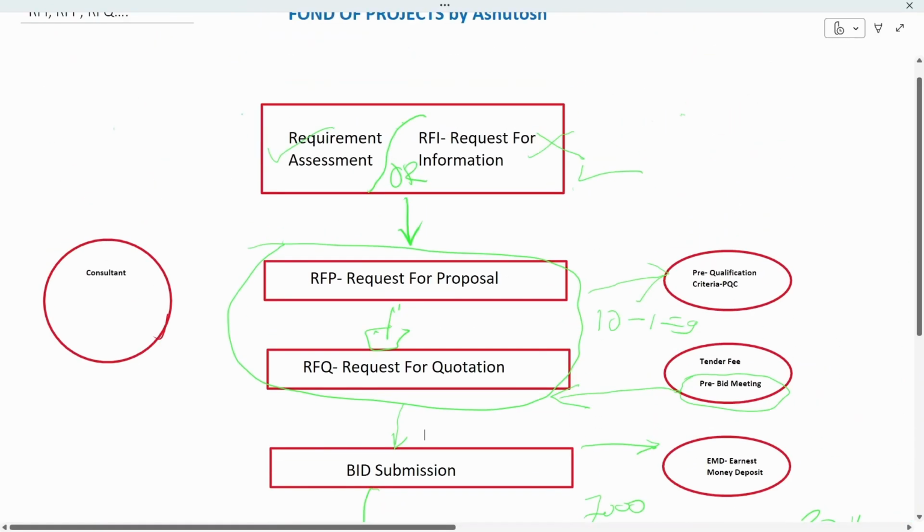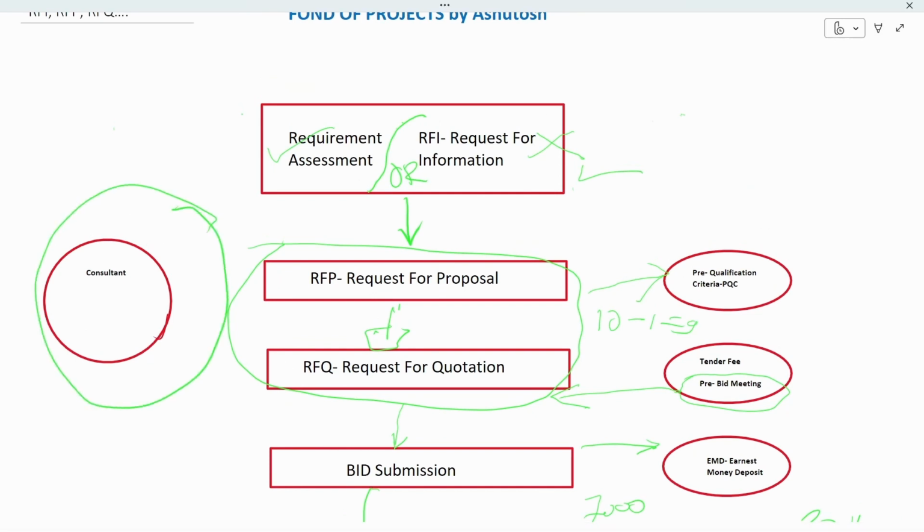There is one more term here, and that is called consultant. So what is the role of the consultant here? Let's say that in my organization we do not have the skills for writing an RFP, and my procurement is very big, in which I have solutions, services, everything. In that case, the organization will go for a consultant. The consultant will be a neutral partner here.